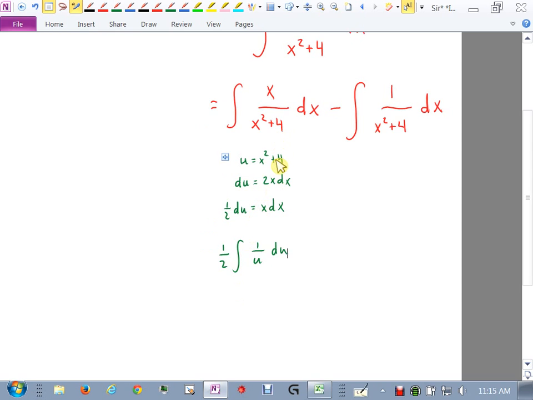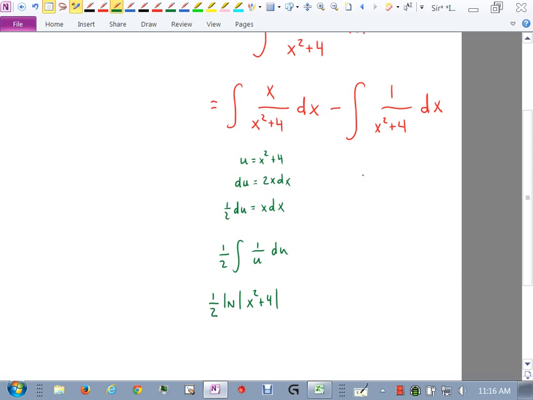Everyone follow my quick u sub here? And then the antiderivative here would be what? Natural log of u, but what's u? x squared plus 4. So I've done all this. This integral is complete.